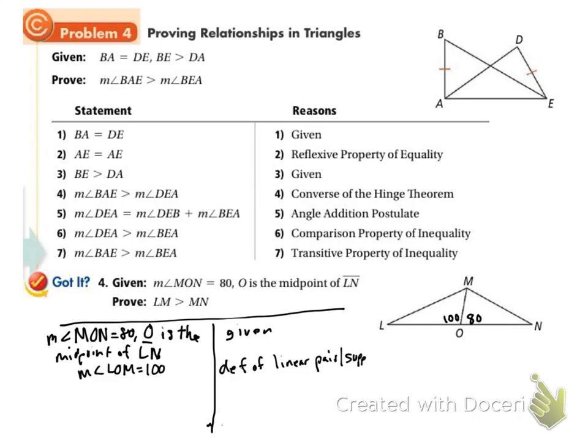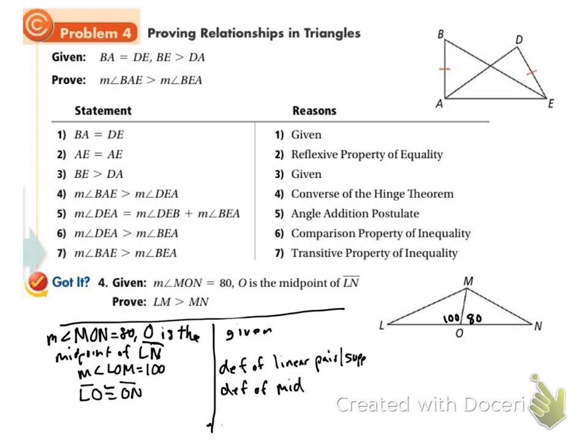The other part I haven't used in my given is that O is the midpoint of LN. What does it mean to be a midpoint? It means that it splits it in half, right? The midpoint is right in the middle. So, if O is the midpoint, I can say LO is congruent to ON. And that's just the definition of midpoint.